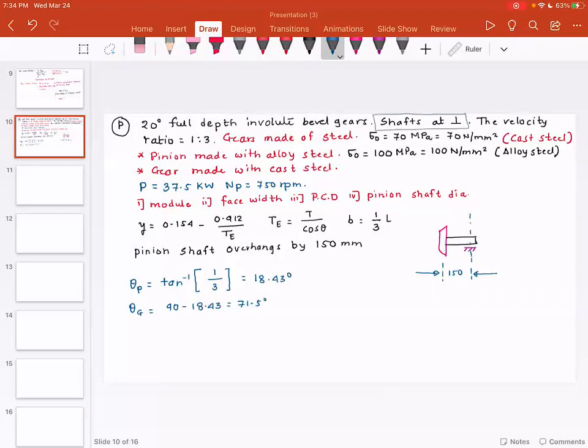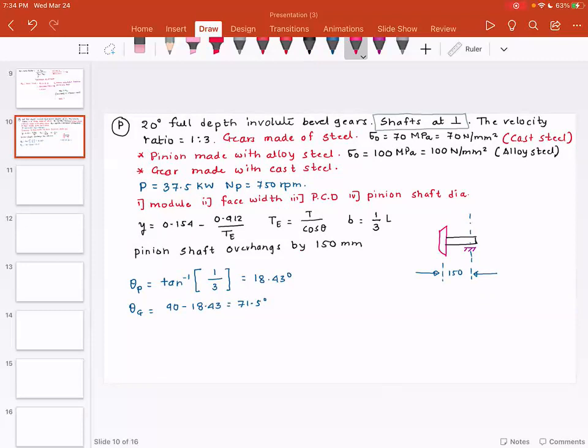Now at this point, the number of teeth on pinion and gear are not given. So we have to look at the guidelines that are provided for a minimum number of teeth. And I would recommend that you take a moment to go back and review quickly the information given in the textbook, where the minimum number of teeth are specified.